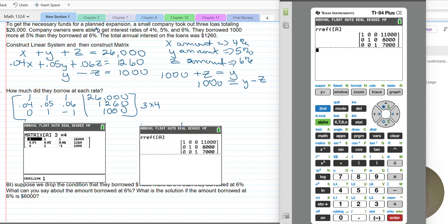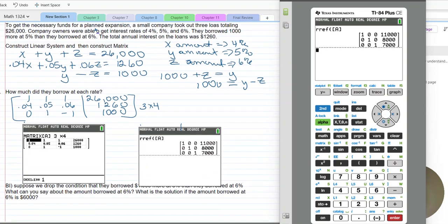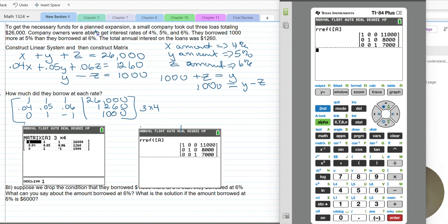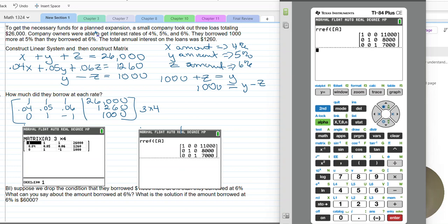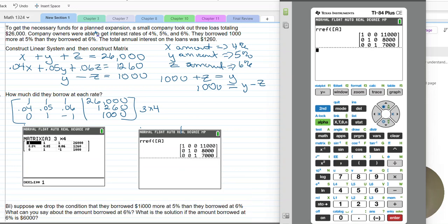So we can see that they borrowed $11,000 at 4%, 8,000 at 5%, and that definitely is 1,000 more than 6, because this is 7,000 at 6%.